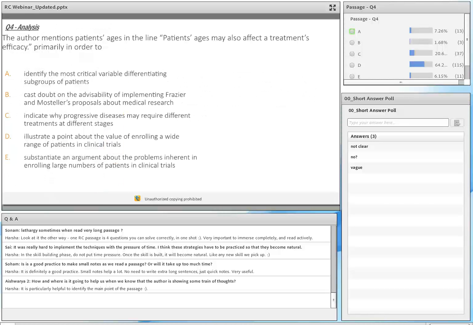All right. So what's the correct answer here? It is to illustrate a point about enrolling a wide variety of patients, as you guys got this. Now, it does indicate why progressive diseases may require a slightly different treatment, whether it's at various stages or not.